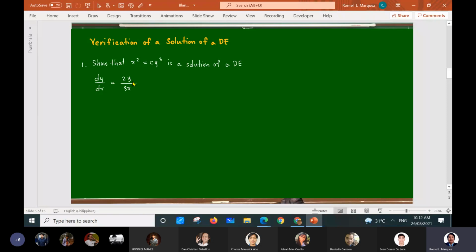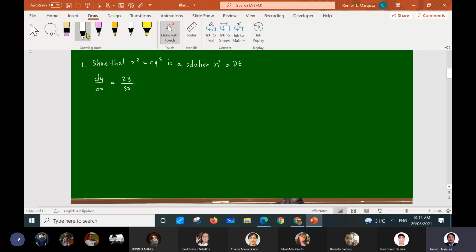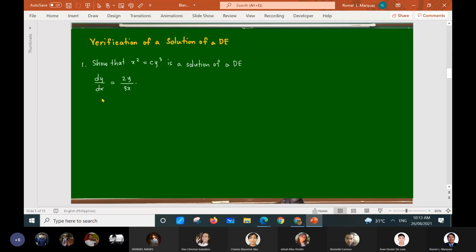So does this satisfy this DE on a certain interval? Let's say an open interval 0 to 10, whatever it is, okay? So how to verify this? How to show that this is really a solution? So let's have the proof.